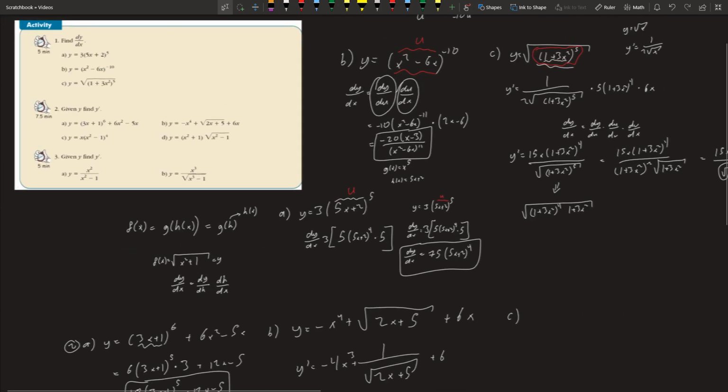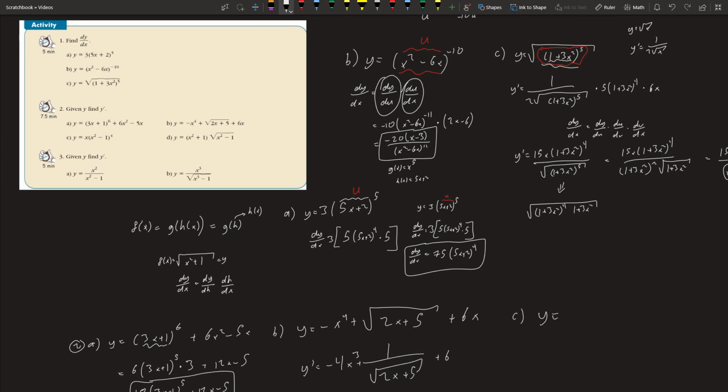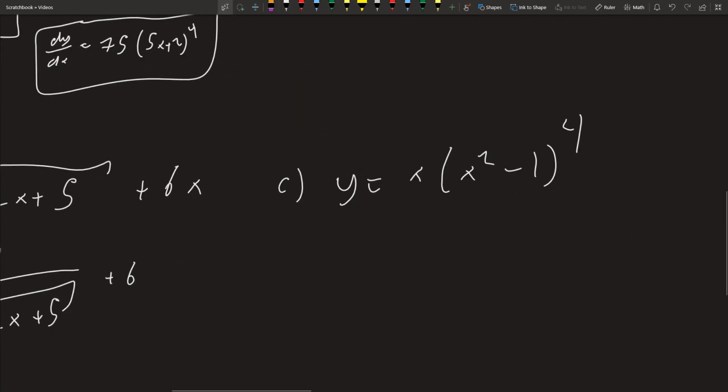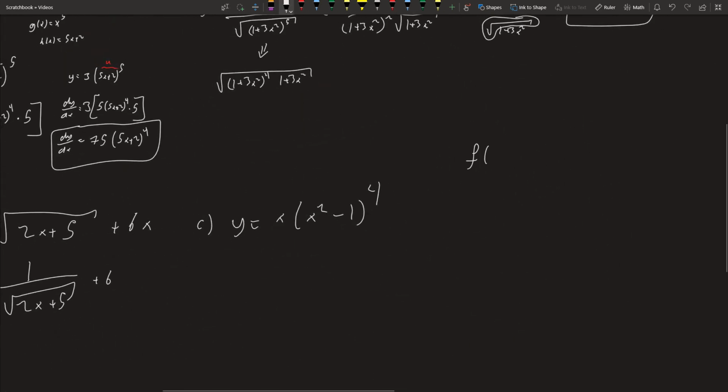Now for part C, I think we need product rule here. Nice. y is equal to x into (x squared minus 1) to the 4. Now, product rule states that if you have a function f of x, which is equal to u of x times v of x, then f prime of x equals derivative of the first times the second plus keep the first, derivative of the second.